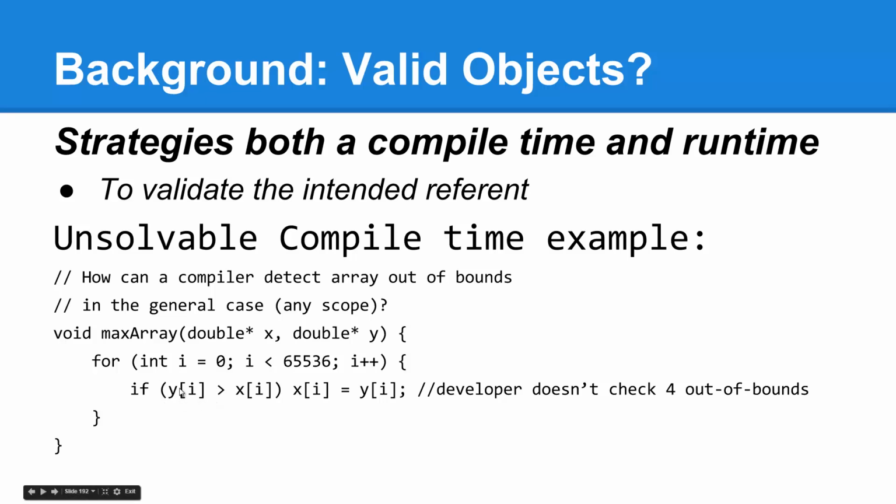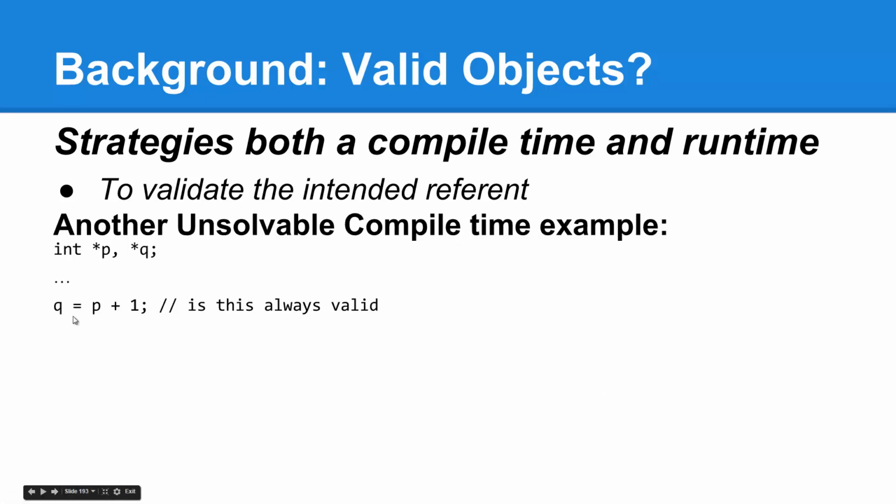In this case, if it's an array of objects, there's no determination in this code or consideration for it going out of bounds in respect to y or x object arrays. And similarly, having just a raw pointer to an object and incrementing it by 1 at compile time, this will always be deemed valid.